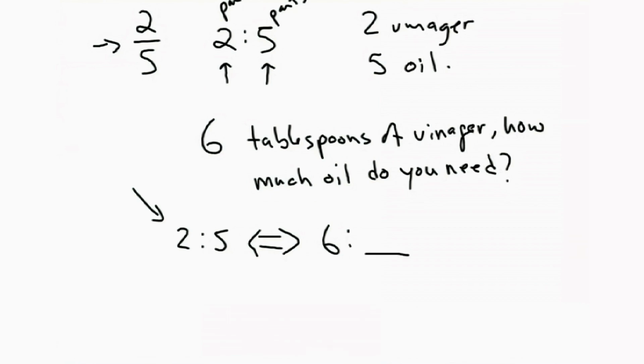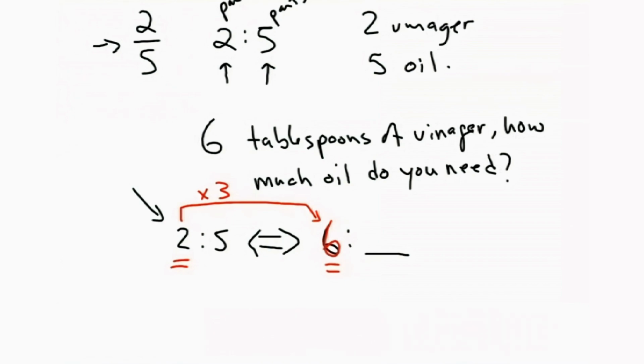And you should be able to see here that if we always write the vinegar first and the oil second, then how do we get 2 to become 6? It should be clear to you that you're going to multiply by 3. If you multiply 2 by 3, then you get 6. The whole idea with ratio and proportion is they've got to be the same.